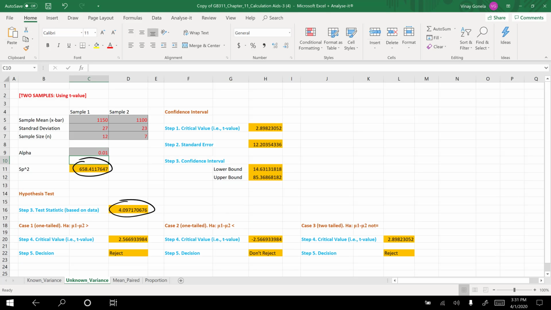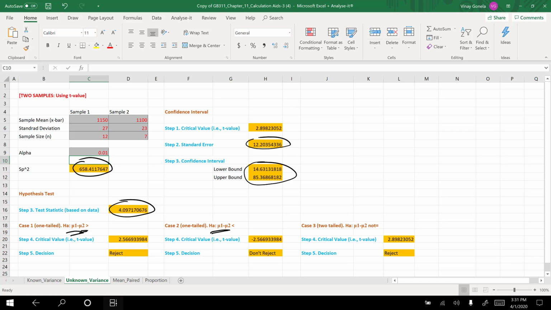So the critical value we have here, we have confidence interval here, we have standard error. So now which one to use? Whether we wanted to use this one as a one tail or this one.